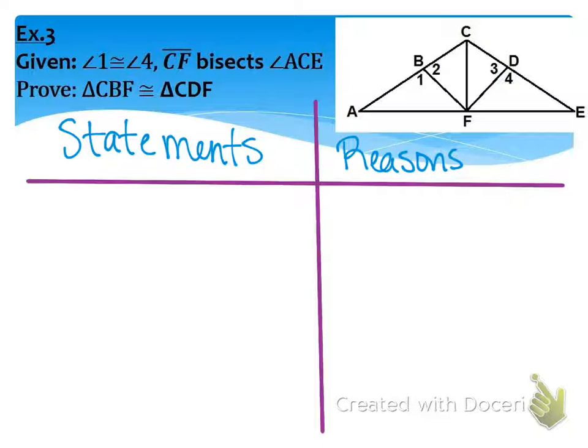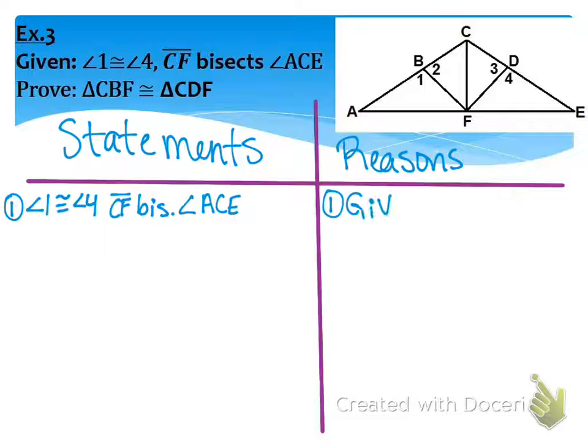All right, we start off with our givens. Angle 1 congruent to angle 4. CF bisects angle ACE. All of that is given to us.